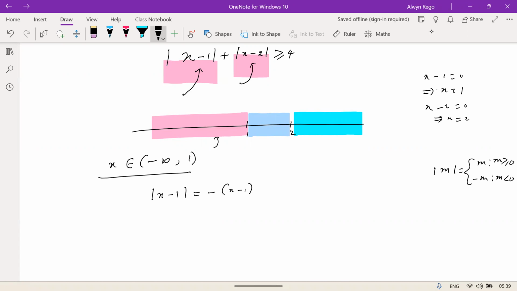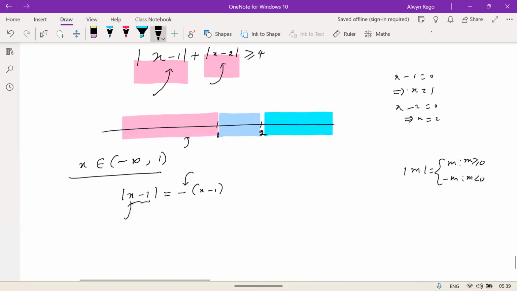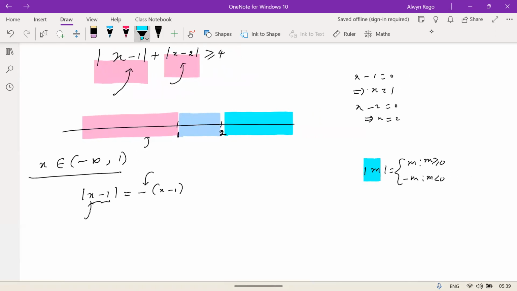So when you plug in a number which is less than 1, let's say minus 5, minus 5 minus 1 is minus 6 here, for example. Minus 6 is negative, so in order to become positive, it has to be attached with a negative sign. So in other words, modulus of m is equal to negative of m if m is less than 0.